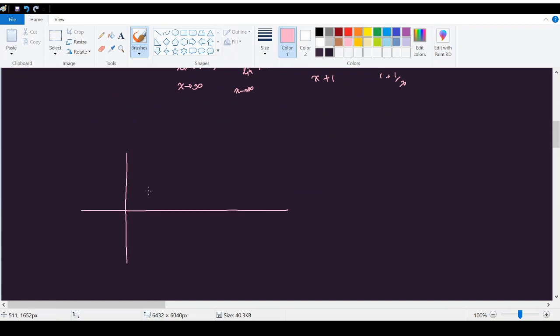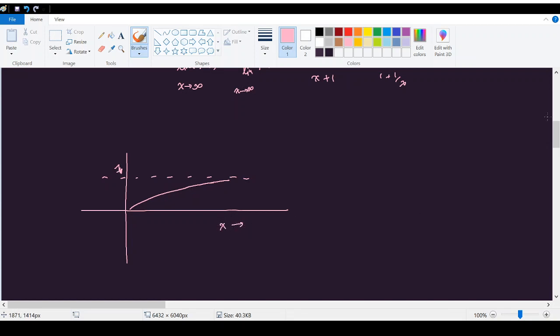That means if we have 1 like this, when x goes to a very large number, the function values should asymptote with 1, right? So the function approaches 1 when x takes very large numbers.